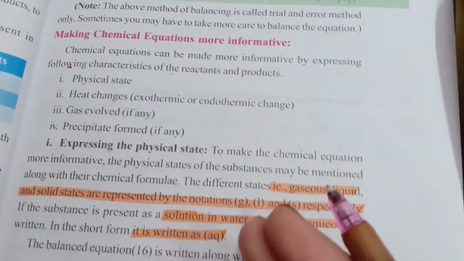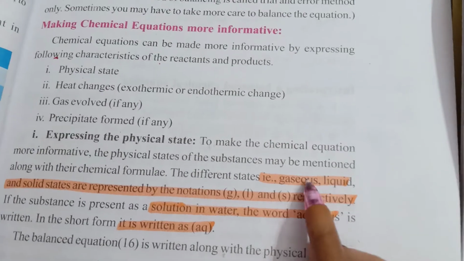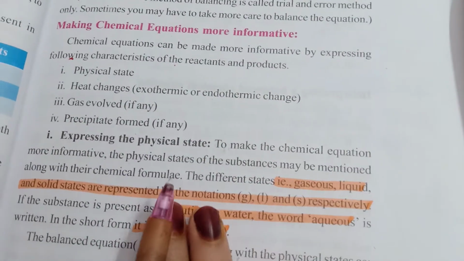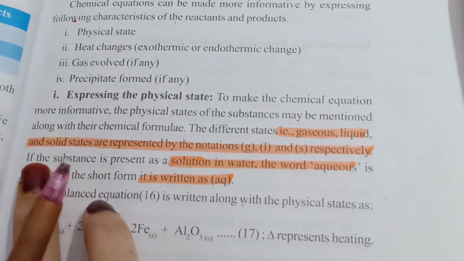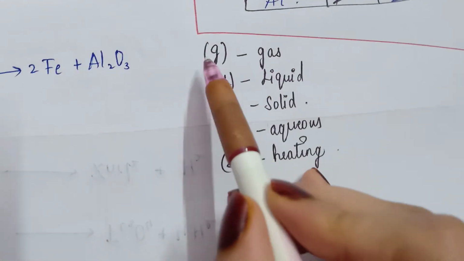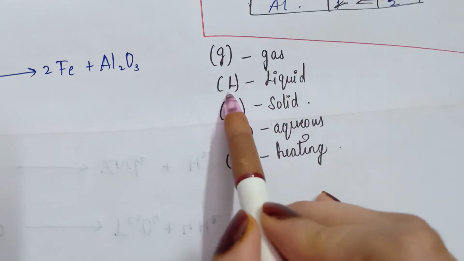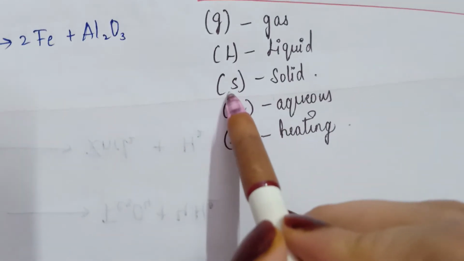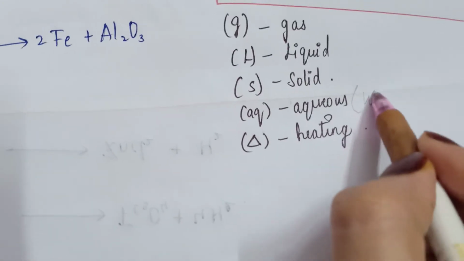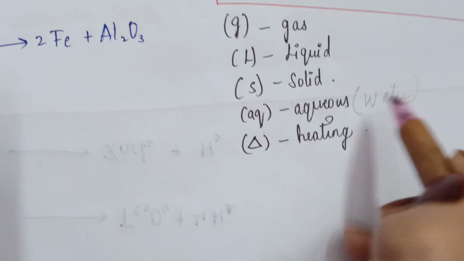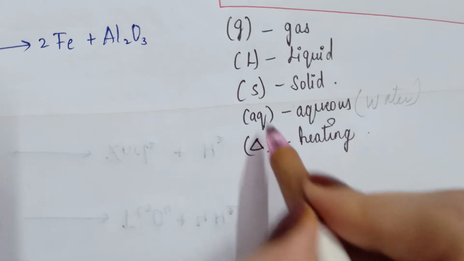So students, to make a chemical equation more informative, the physical state of the substances may be mentioned along with the chemical formula, right? The symbols for gas, liquid and solid: gas is represented by g, liquid is represented by l, solid is represented by s, and aqueous, meaning watery substances, is represented by aq.